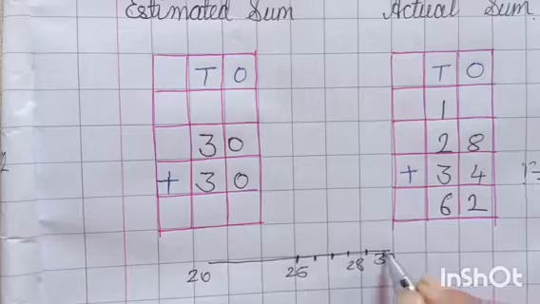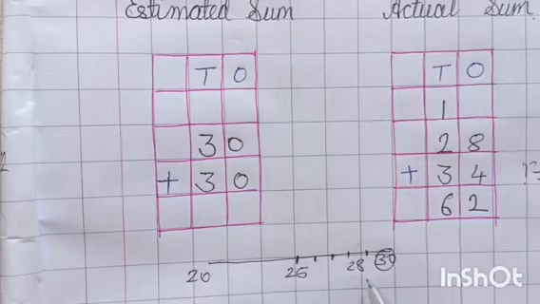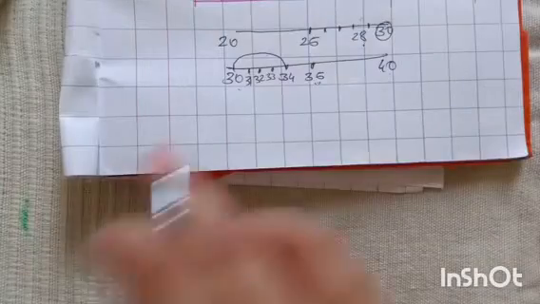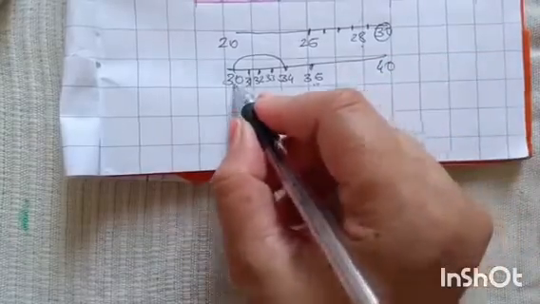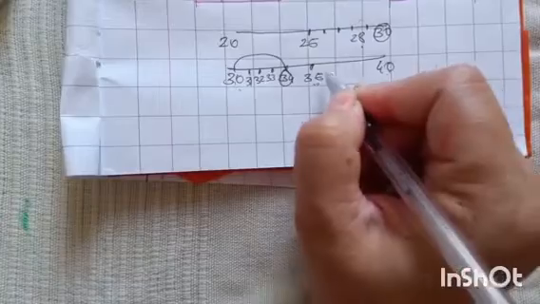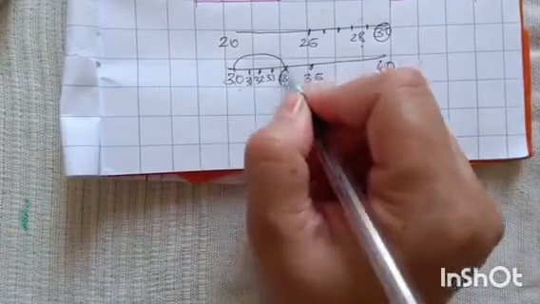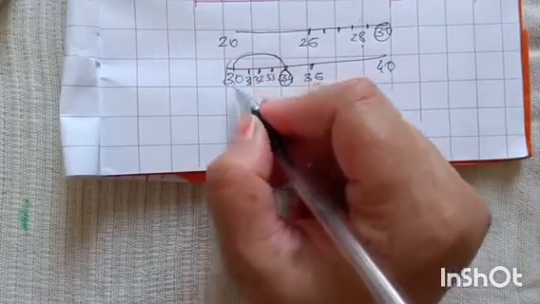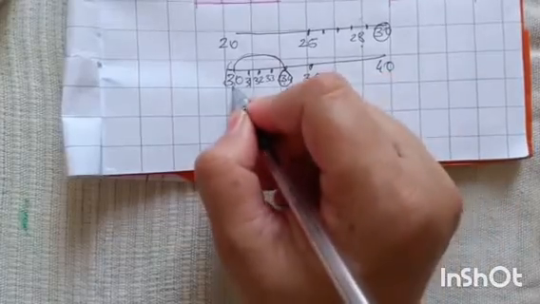Okay, so 30 is nearest to 28, and same with 34. So 34 is coming between 30 to 40. Yes, here is 34, and their middle number is 35. So 34 is near to 30, so its nearest tens is 30.